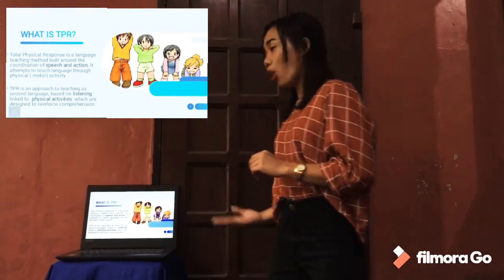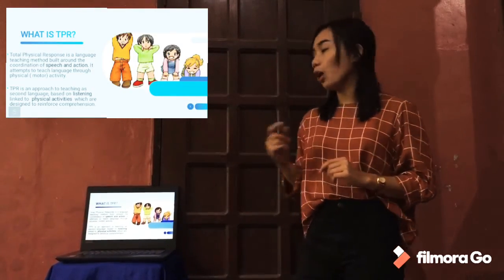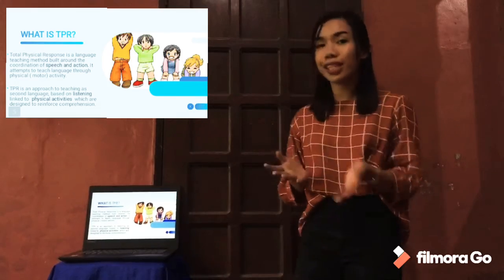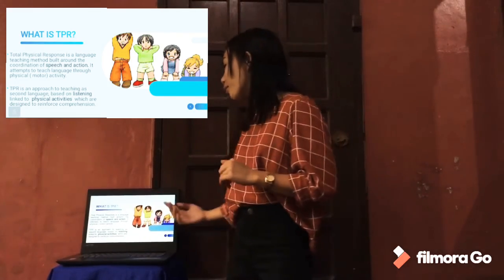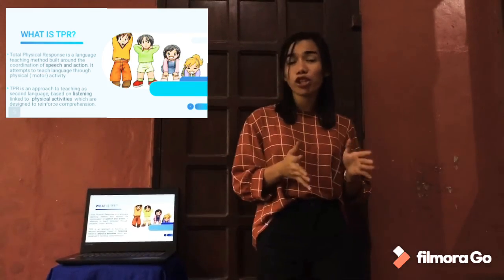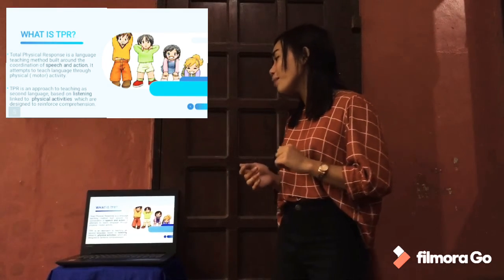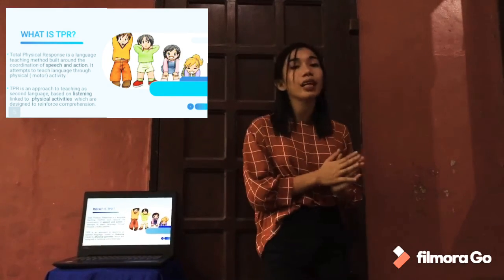What is TPR? Total Physical Response is a language teaching method built around the coordination of speech and action. It attempts to teach language through physical or motor activity. So this means that TPR is not always dancing and singing a song.